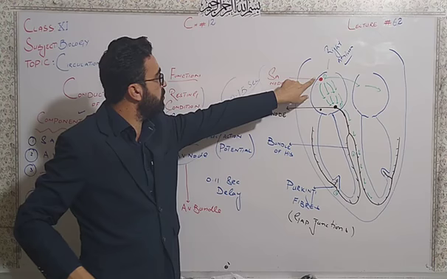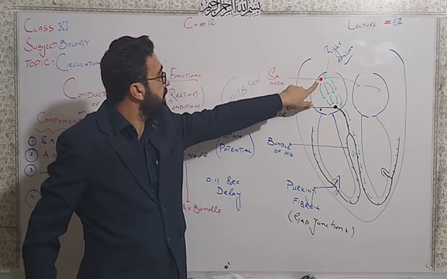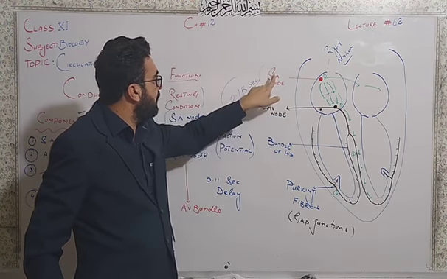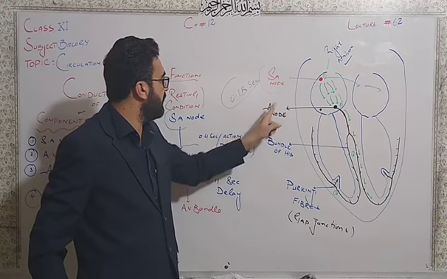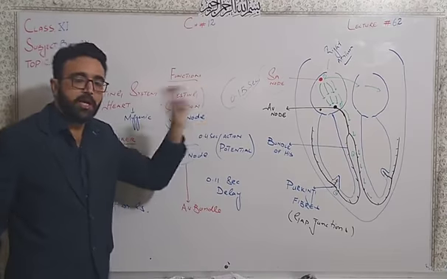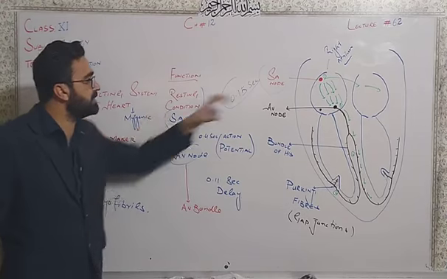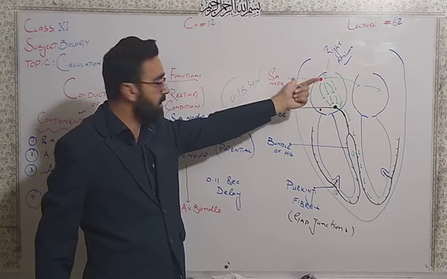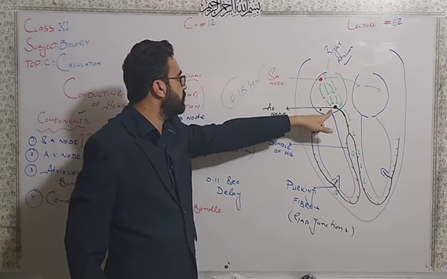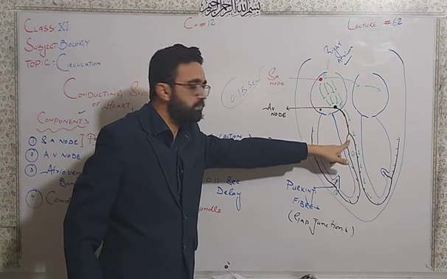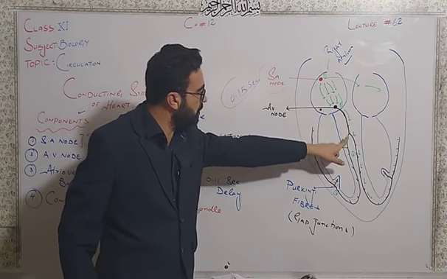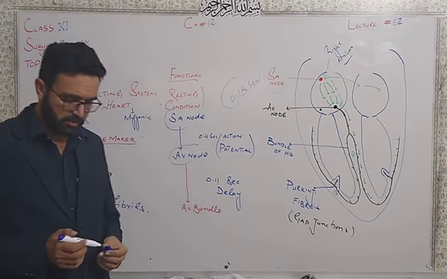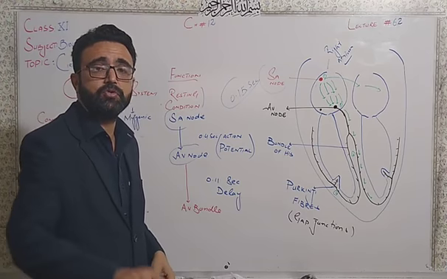Again, I am repeating: the SA node is just at the top of the right atrium, and at the base of the right atrium we have the AV node. But the real one who is generating the potential is the SA node; that's why it is called a pacemaker. After that, the action potential travels from the SA node to the AV node, from the AV node to the bundle of His, the atrioventricular bundle, then the Purkinje fibers, and in that way the conduction of the action potential is performed.